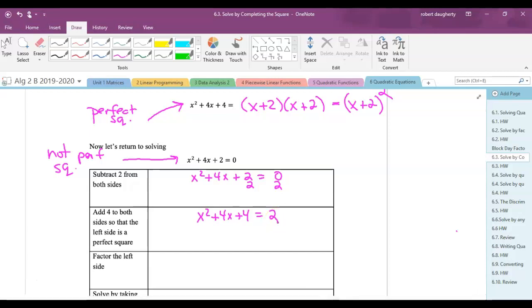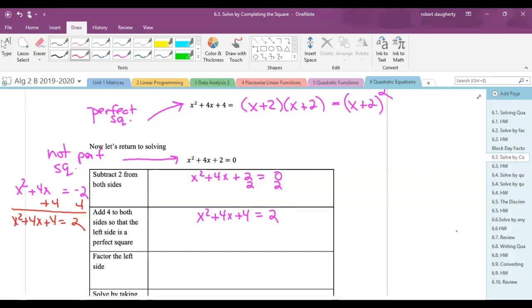You could subtract the 2 from both sides, and then you would have to add what? 4. If I subtracted 2 from both sides, I would get x squared plus 4x equals minus 2. To make it a perfect square, I would have to add 4 to both sides. So I would get x squared plus 4x plus 4 equals 2, either way.